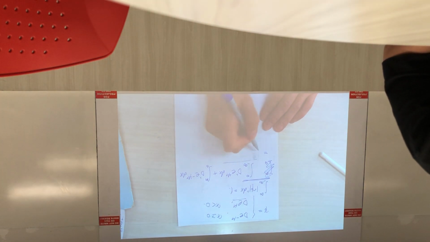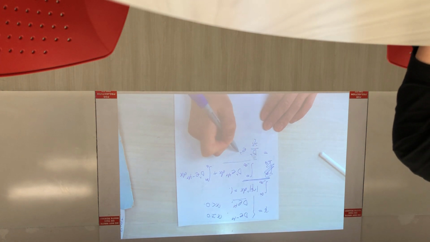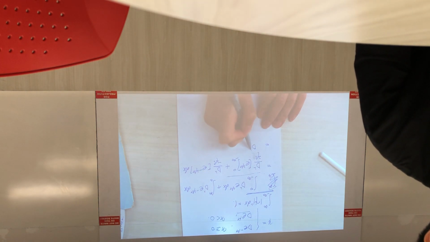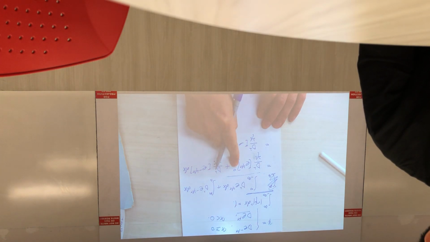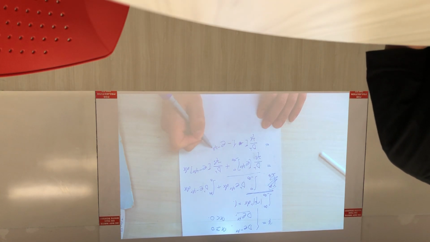Then this becomes d square over 2 beta times exponential 2 beta x, from minus infinity to 0. And for the positive region, we have d square over minus 2 beta times exponential minus 2 beta x. Exponential 0 is 1, so 1 minus exponential minus infinity, which is 0. Plus d square over minus 2 beta times exponential from 0 to infinity.